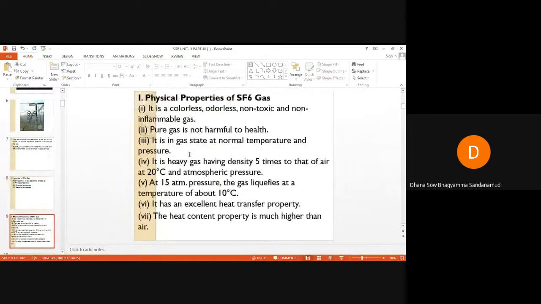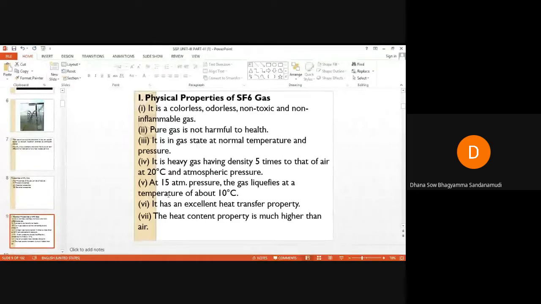Let us start with the physical properties. This SF6 gas is a colorless, odorless, non-toxic and non-inflammable gas.